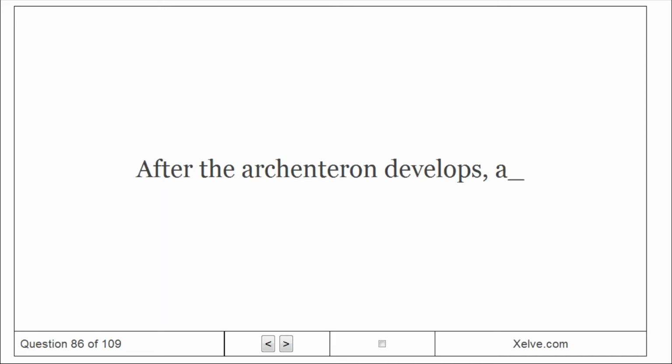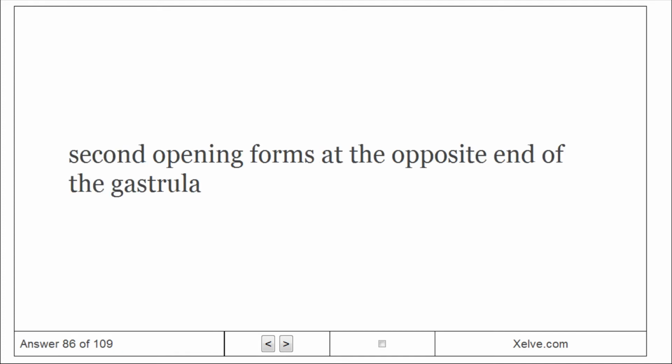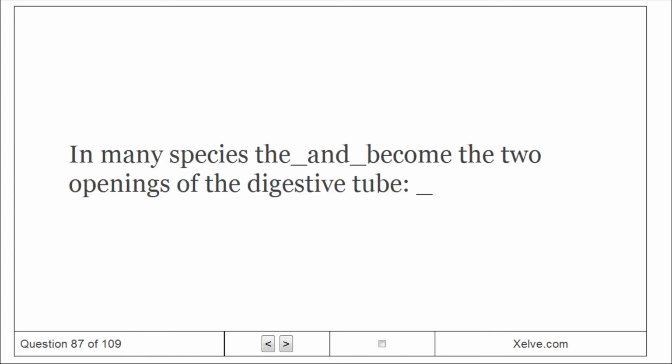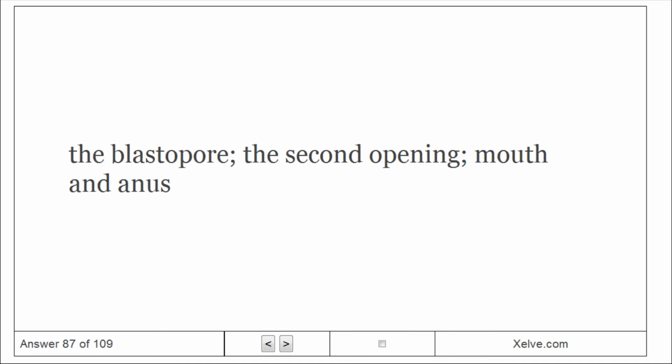After the archenteron develops, a second opening forms at the opposite end of the gastrula. In many species the blastopore and the second opening become the two openings of the digestive tube, the mouth and anus.